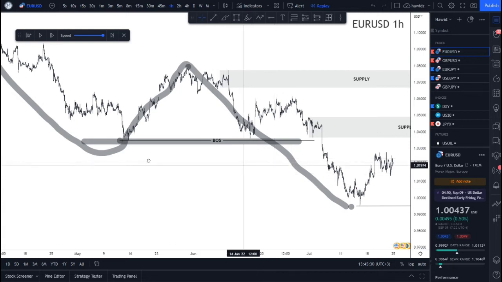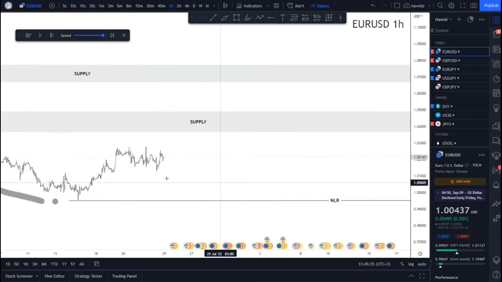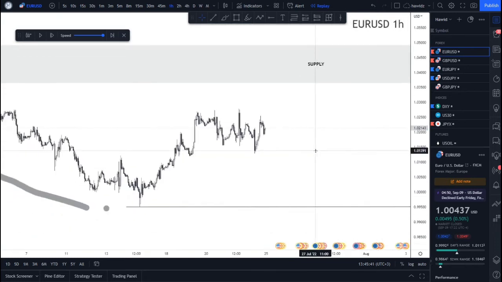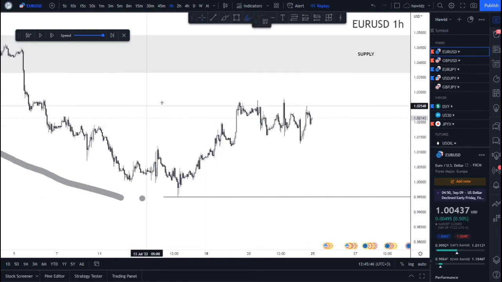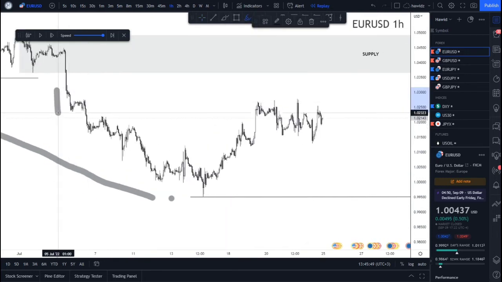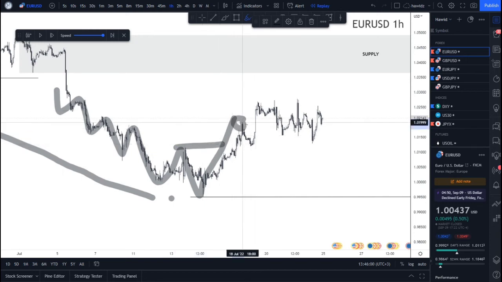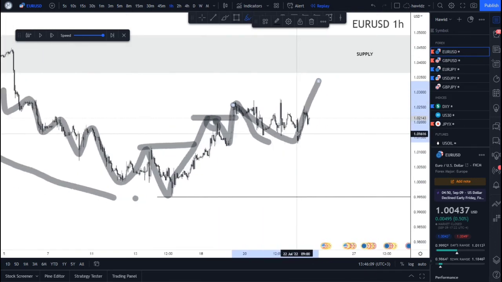But when we come to the intermediary time frames, because this is just the 1 hour, it's more intermediary rather than lower, you can see that it was moving bearish from this area, making new lows, and lo and behold, we now have a break. This break creates this high, and then that retest, and then that continuation bullish. This break again, that retest, and then price is basically going to continue.